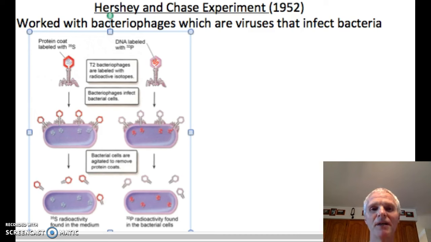And at the conclusion of the experiment, they found that just the phosphorus-32 was inside the bacteria. So this showed that the protein coat generally stays outside in the case of the phage, where the DNA goes inside the bacteria. And so this showed that DNA is the genetic material and not proteins.